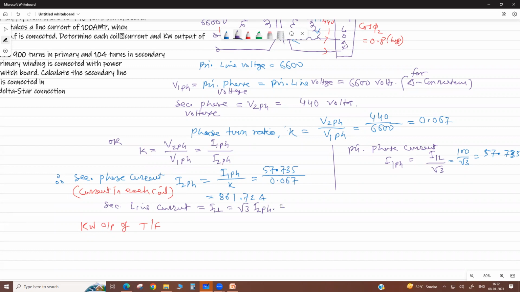Please write: for star connection, for delta connection you have to multiply by √3. Correct, na? Because this is a phase current, this is now the line current. It comes to 1492.54 ampere.